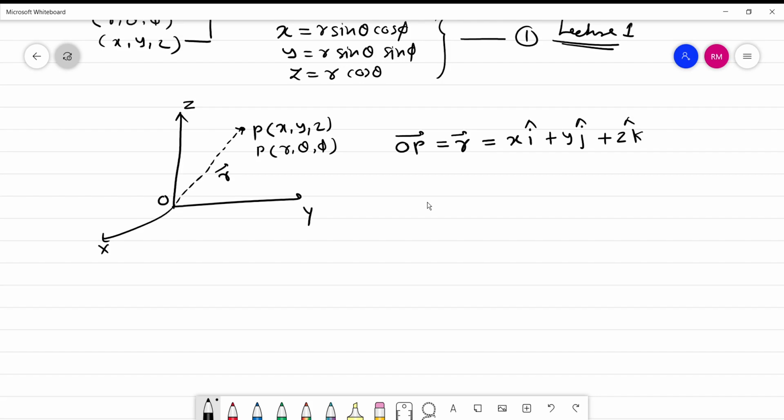Let us say this is equation 2. Now what I will do, I will put the values of x, y, z in this equation.